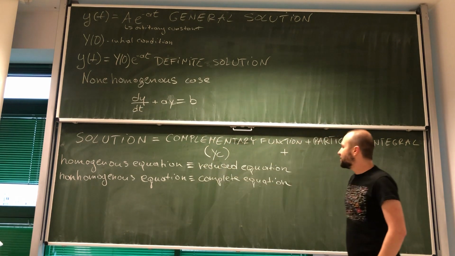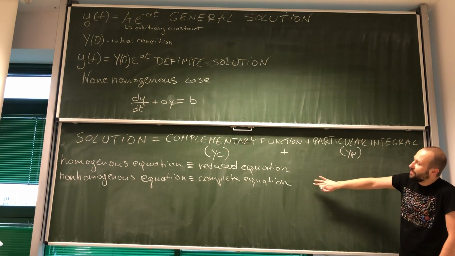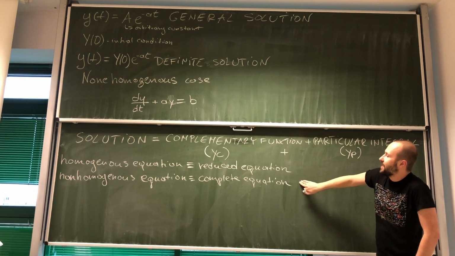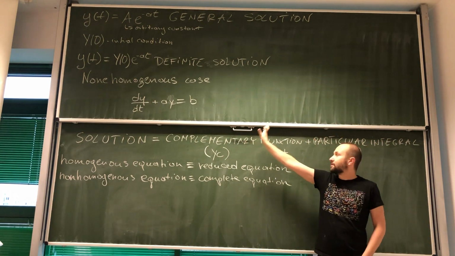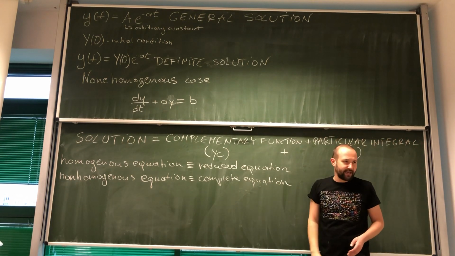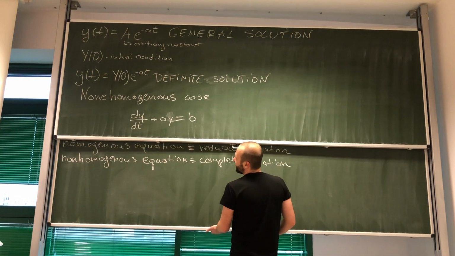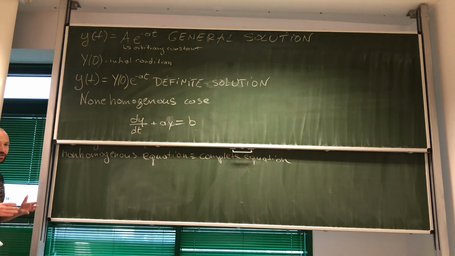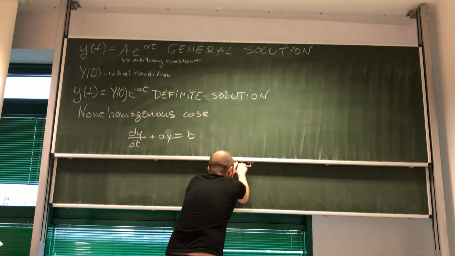Okay, and once we realize that this is a complete equation, because it's like you take the homogeneous equation or reduced equation, you add the missing constant term or variable term later, and you obtain complete equation. Okay, so knowing this, we can write the proper definition of what is complementary function.